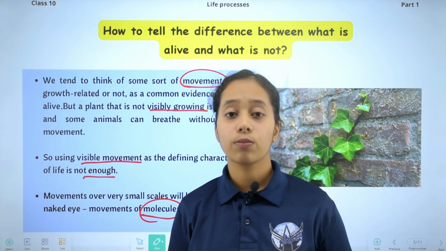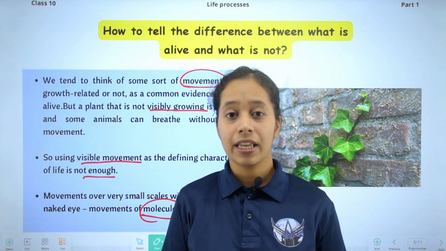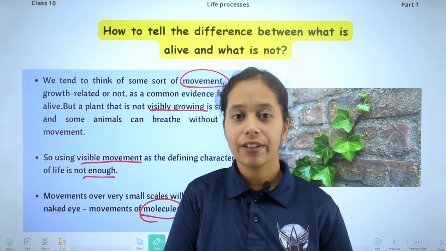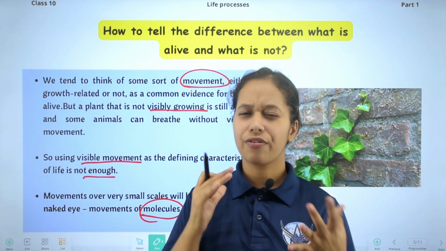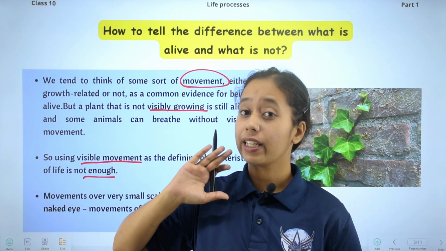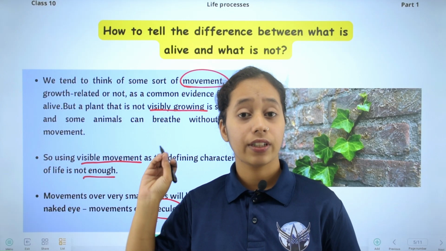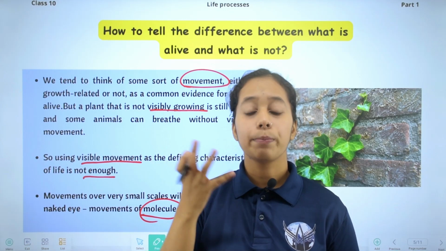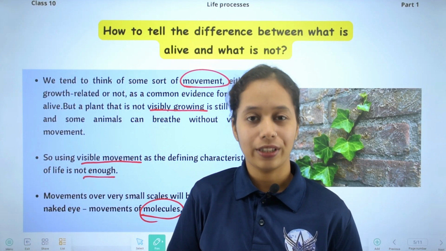Even if I am standing still, or a person is sleeping very soundly and not making any movement, even that person shows movement inside his or her body.